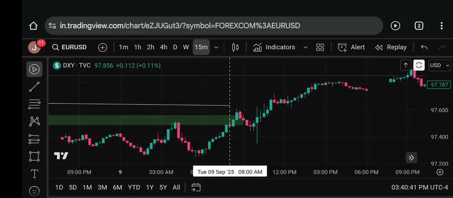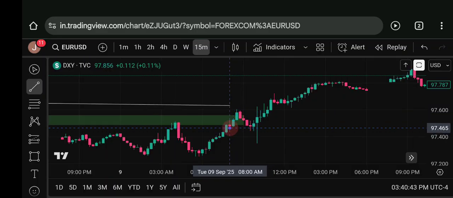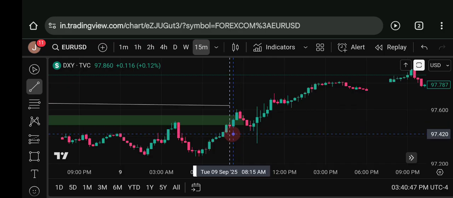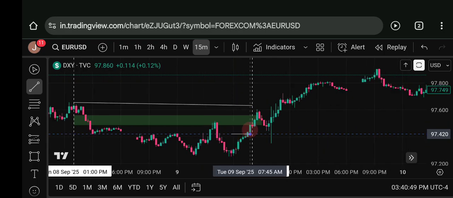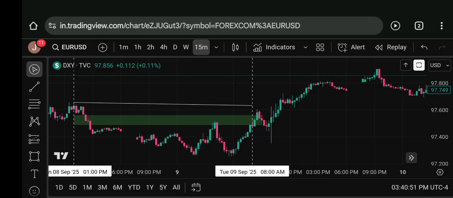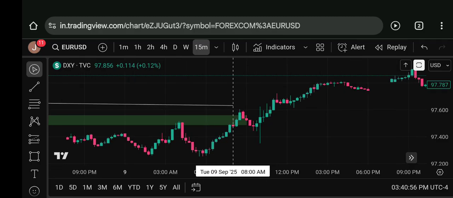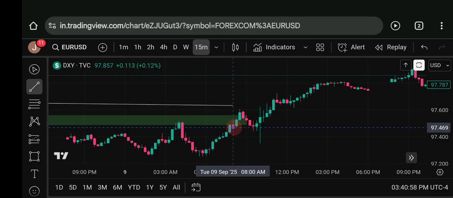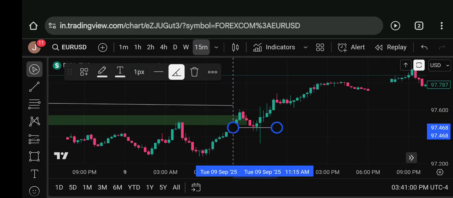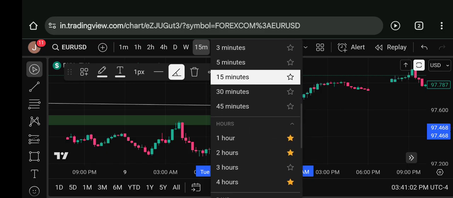So even if you check, there was no 15-minute market structure shift. So if price wanted to make this sell side sweep, it should have closed down below this. It closed down on 5 minutes.